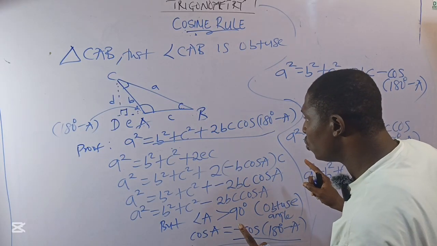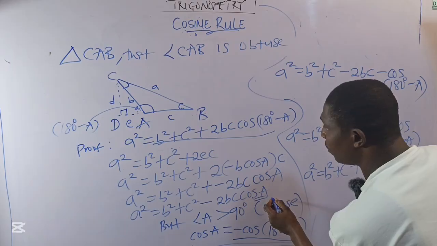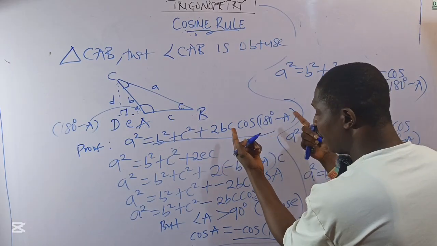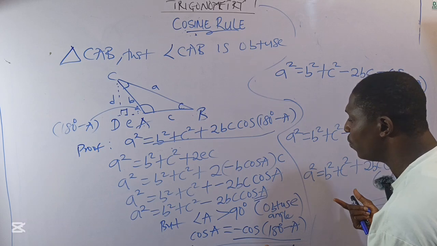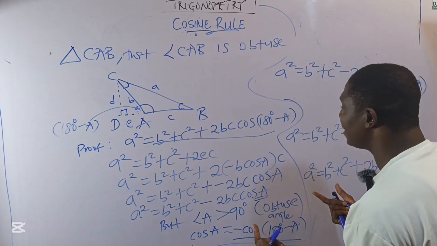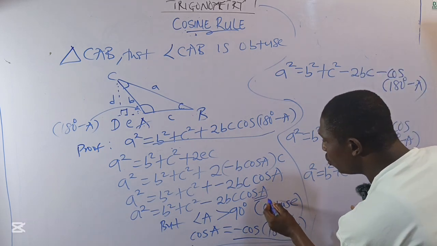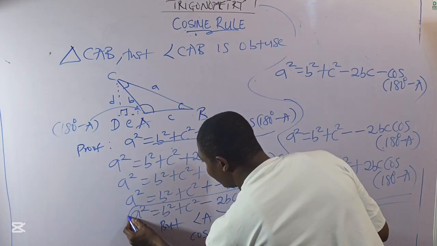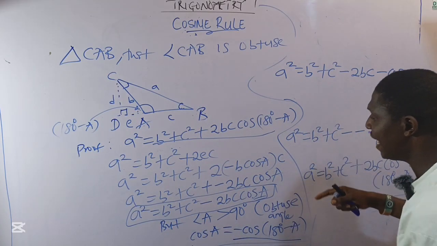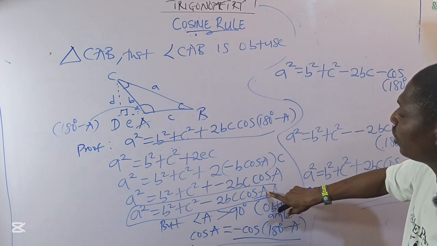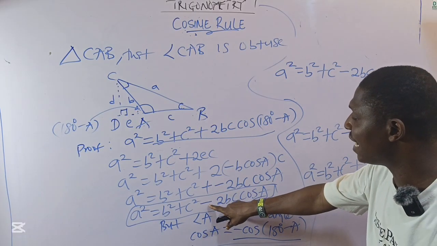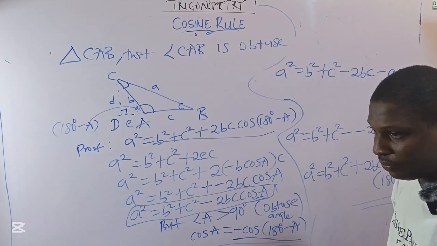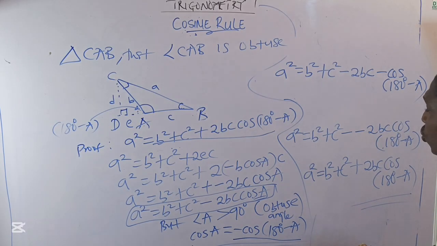What you can also do, if you choose to use this, I'm not telling you to change because they said we should prove for this. If you are given an angle for cosine rule that is greater than 90 degrees, and you want to use this very formula different from the top formula, then you must subtract the given angle from 180, and you must change this sign to give you plus. Take note.